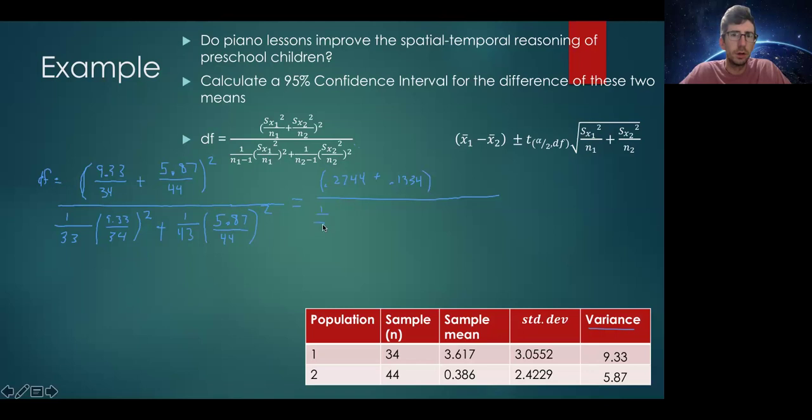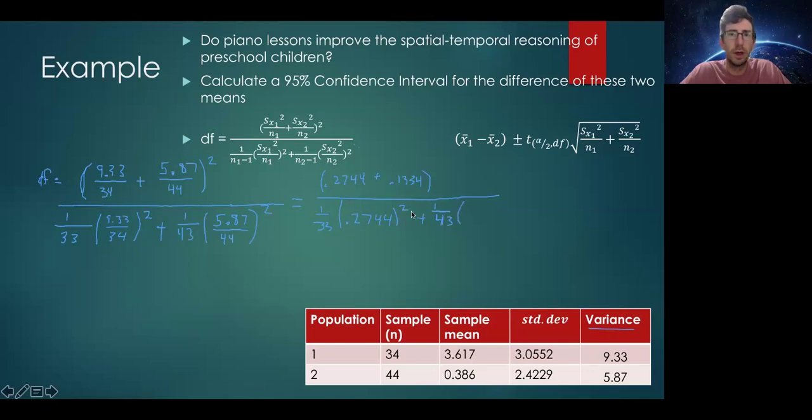And now let's also plug that in. We've calculated this 9.33 divided by 34, that's our 0.2744. We still need to square that term, right? That 1 over 43.